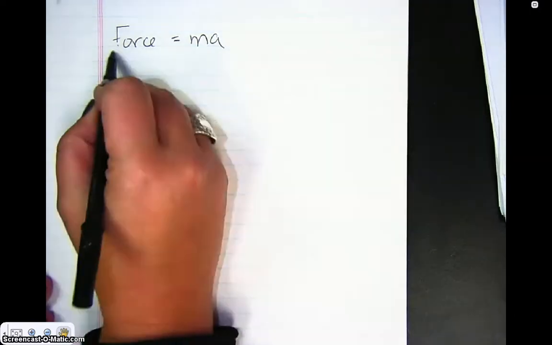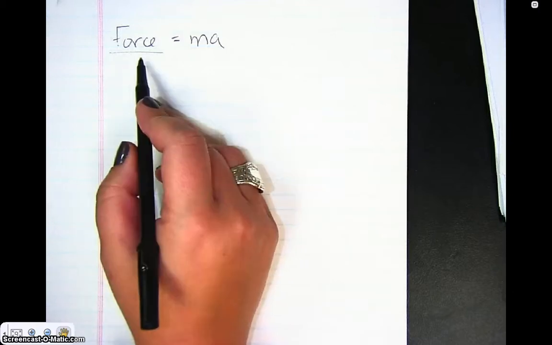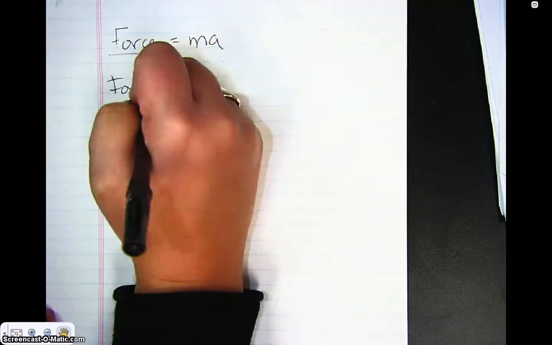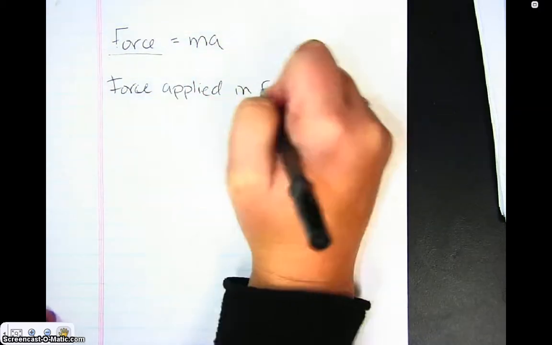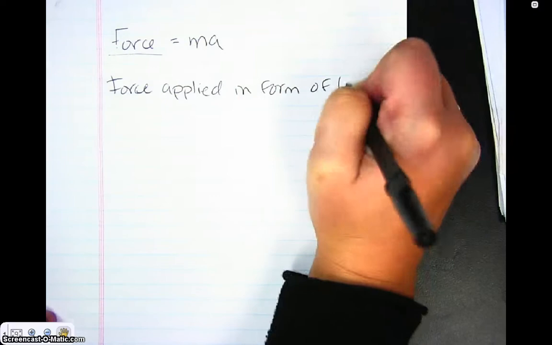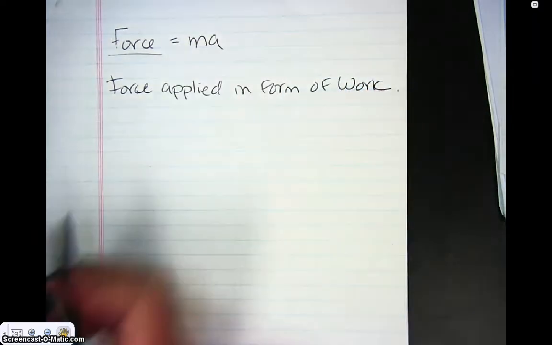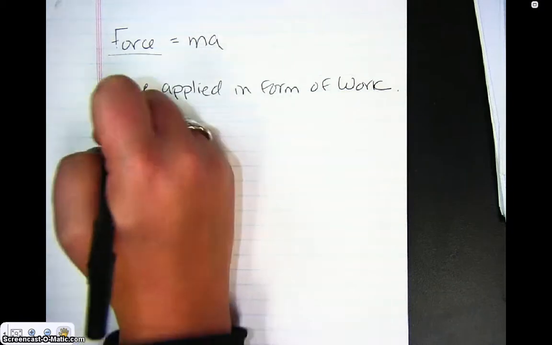So, in order to get an object to move, a force has to be applied, and the force is applied in the form of work. Right? And when work is applied to an object, there is energy transferred to that object.